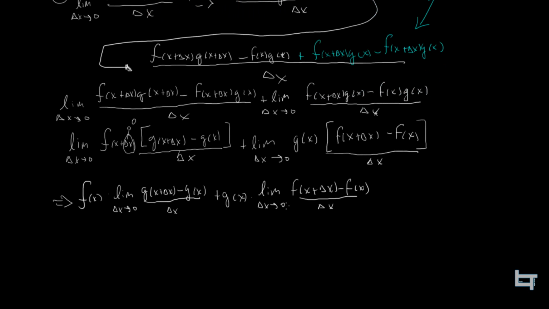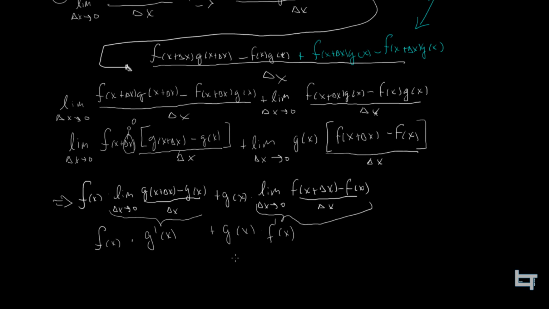Just for you to see it, this is f of x, and we just leave that. This whole thing, the definition of a derivative, gives us the derivative of that function, plus this constant g of x multiplied by the definition of the derivative of the other function, which is f prime of x.